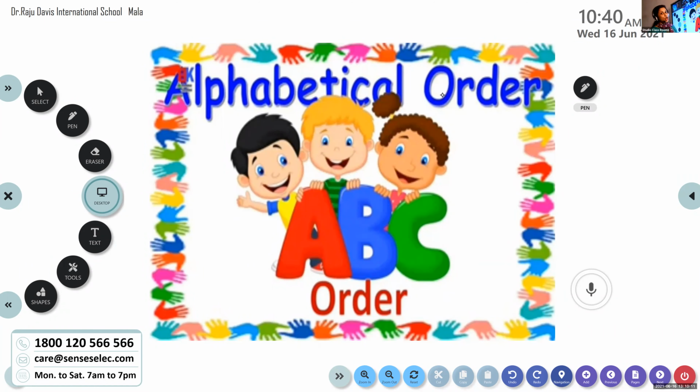Have you seen your class teacher's attendance register? How will your ma'am call your name? In her attendance register, the names are written in the alphabetical order, or the ABCD order. After A it will be B, then C, then D. It comes like that.